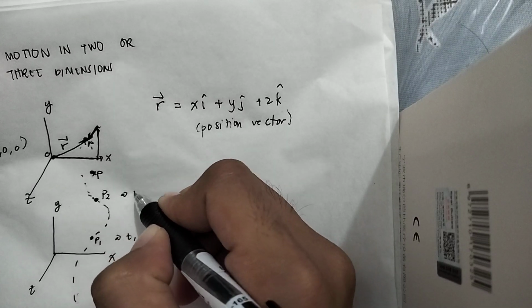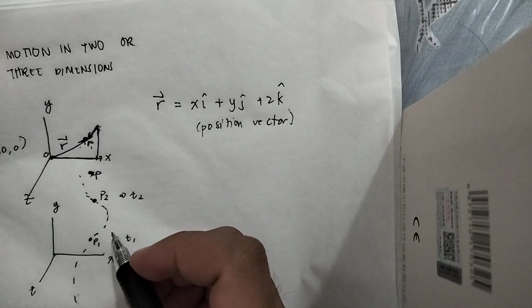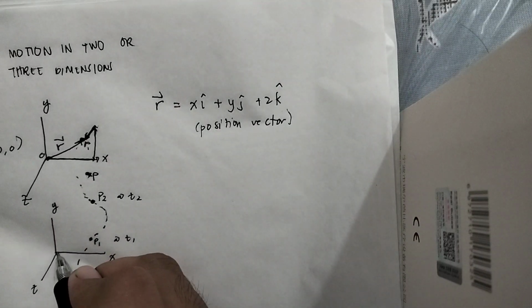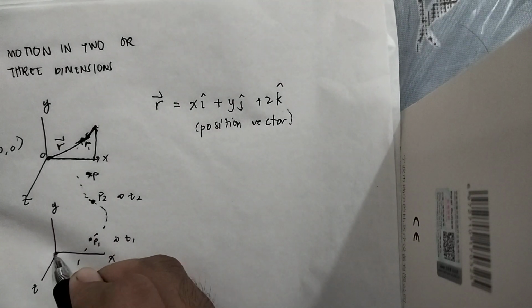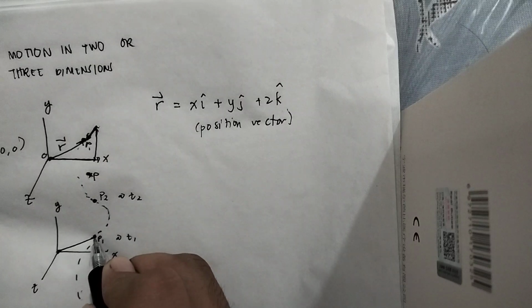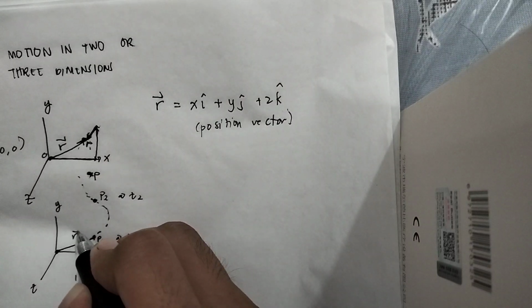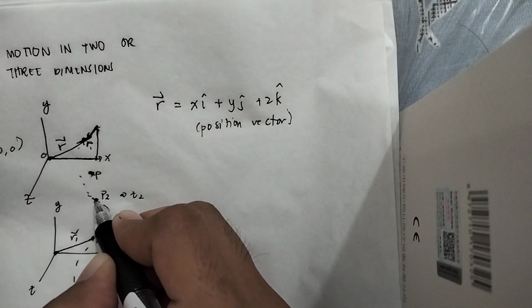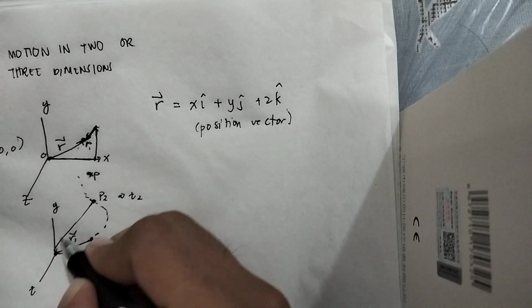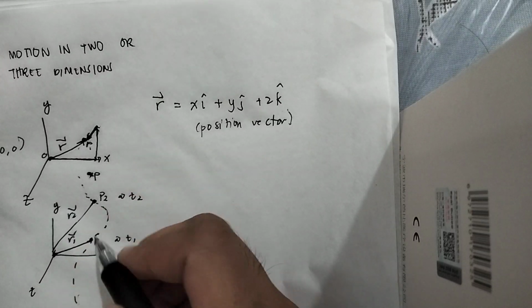From the origin, this is R1, and here is R2.